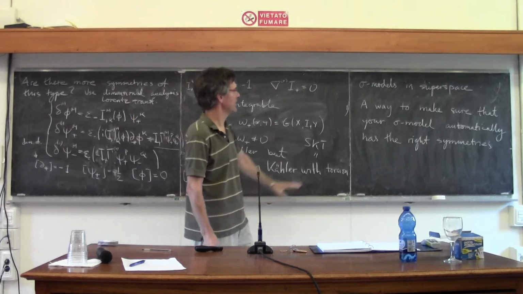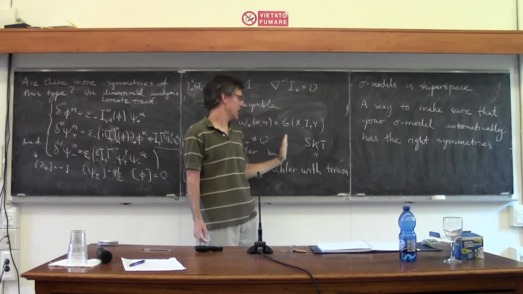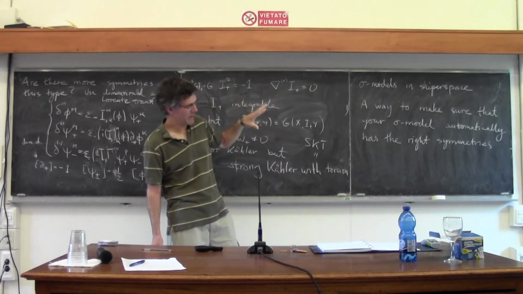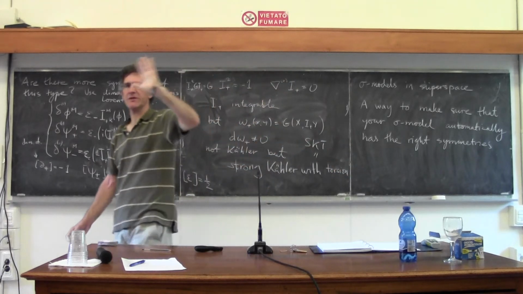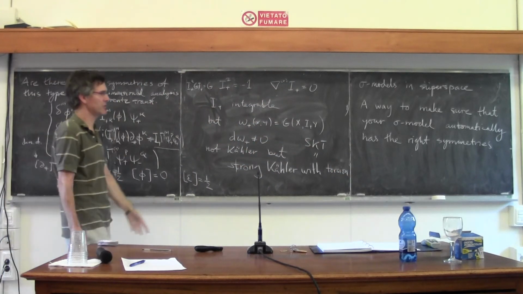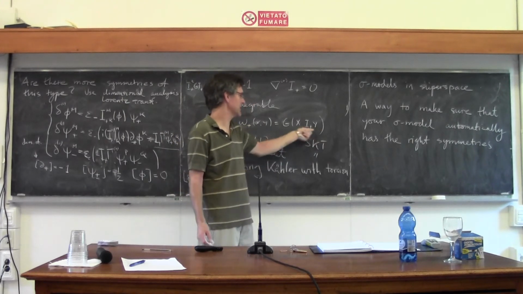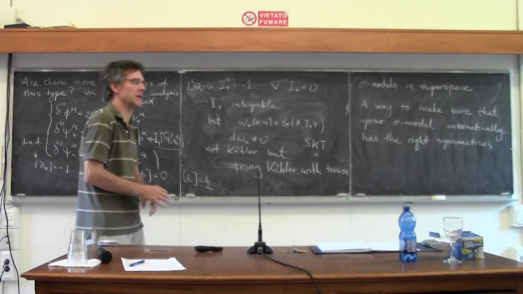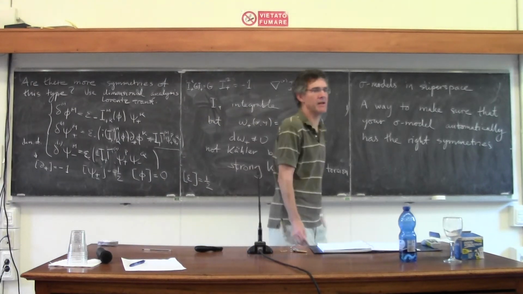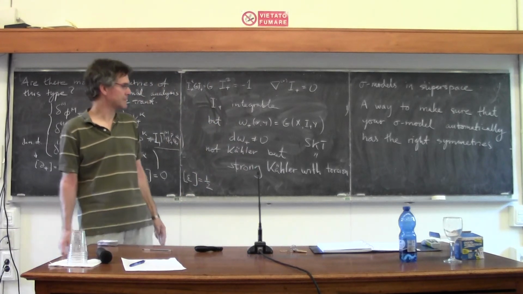So if you write down the sigma model in a superspace which will make sure that you have, let's say, 2 left-moving supersymmetries, 1 right-moving supersymmetry, you will make sure that this sigma model has a target space which is SKT. This is an interesting way to study these kinds of geometries.